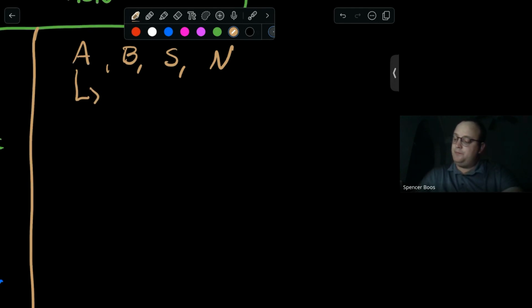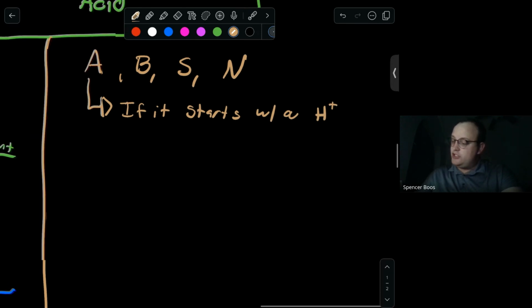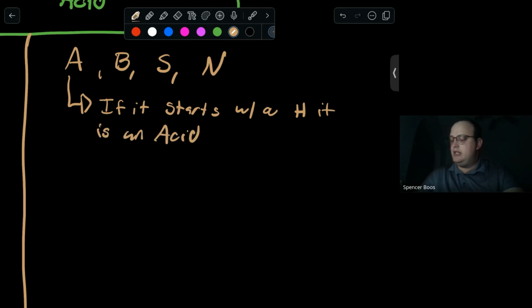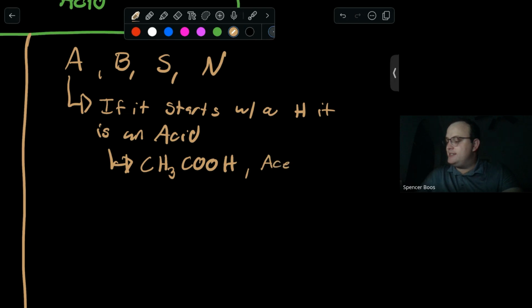For an acid, if on the exam the formula starts with an H plus, with an H, it is an acid. There is one exception. That exception is acetic acid, CH3COOH. This is an acid. This is acetic acid.